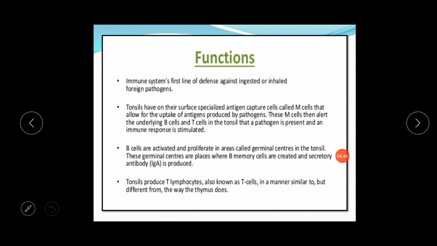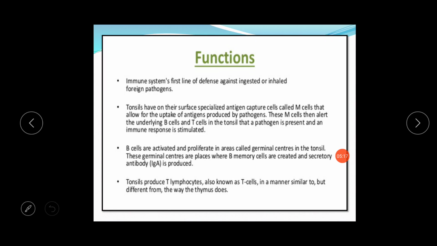Functions of the tonsil. The tonsils are the immune system's first line of defense against ingested or inhaled pathogens. As they are situated in the oropharynx, our food bolus or air containing virus or bacteria will pass through the space between the right and left tonsil. So the tonsils have specialized antigen capture cells on their surface, also called M cells.